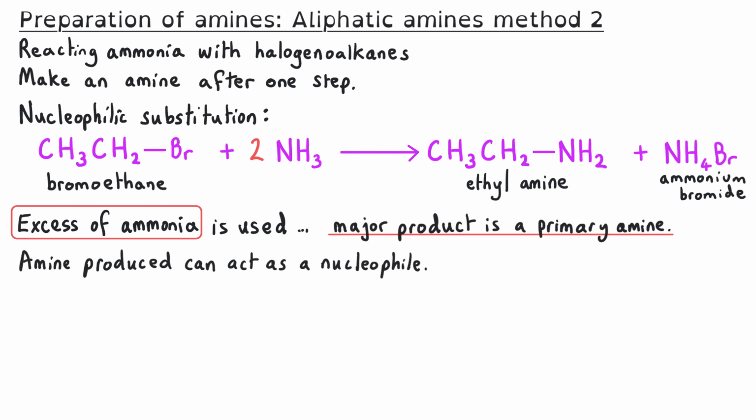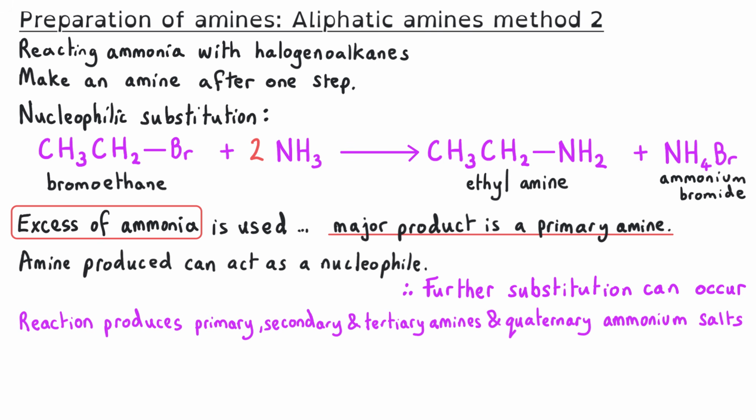A potential problem with this method, though, is that the amine produced can act as a nucleophile because it has a lone pair of electrons on the nitrogen. And this means that even with an excess of ammonia, further substitution can occur.